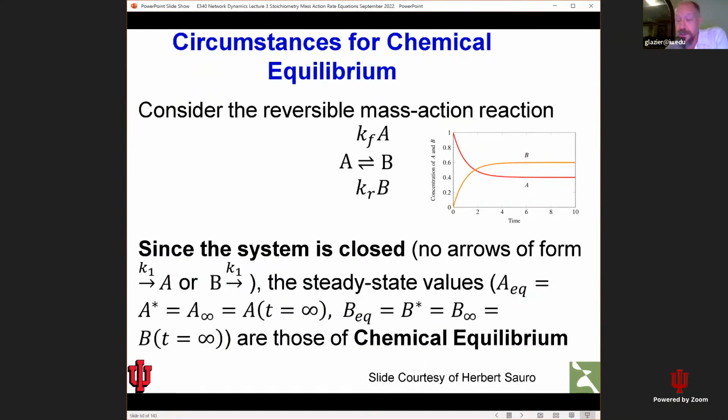So this here, this is the question. The system is closed, mass conserving. And so we know that the amount of A plus the amount of B is a constant at all times. We'll call the equilibrium value A EQ or A star, or sometimes A infinity for what happens at long times.